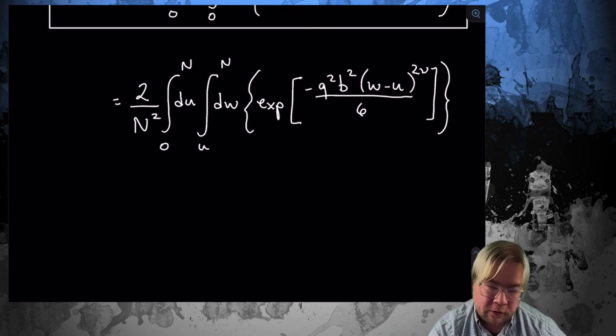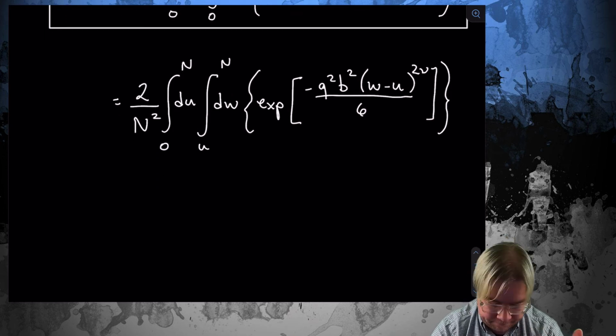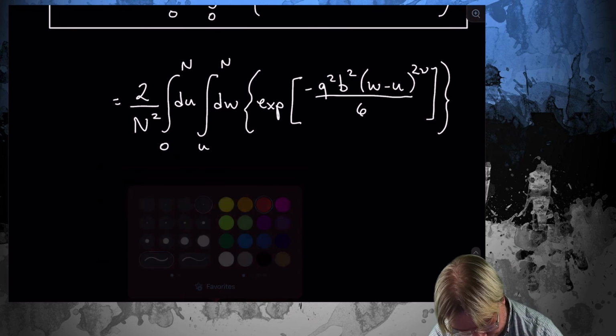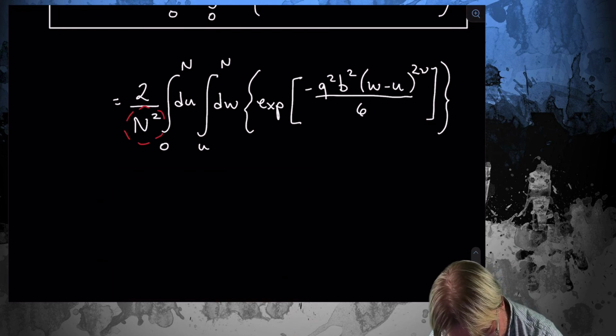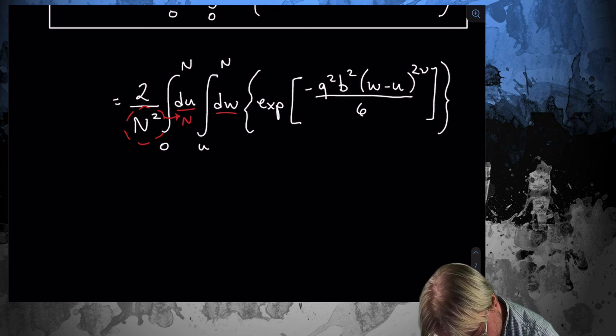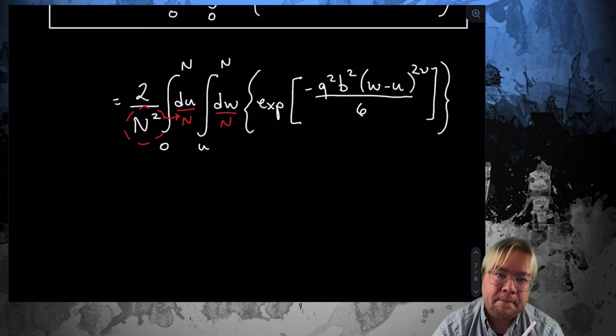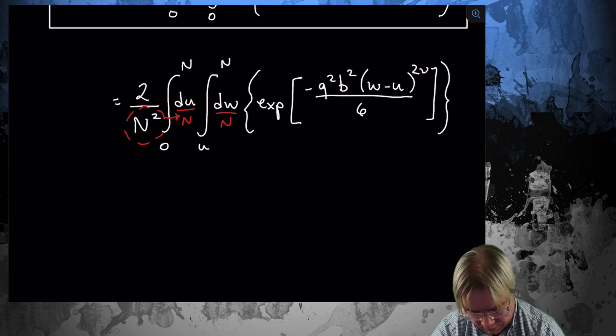So we're going to solve this integral to get the angular dependence of our scattering. First thing we're going to do is we're going to split up this n squared and take it inside, and we'll divide u by n and w by n. That's the first thing we'll do.